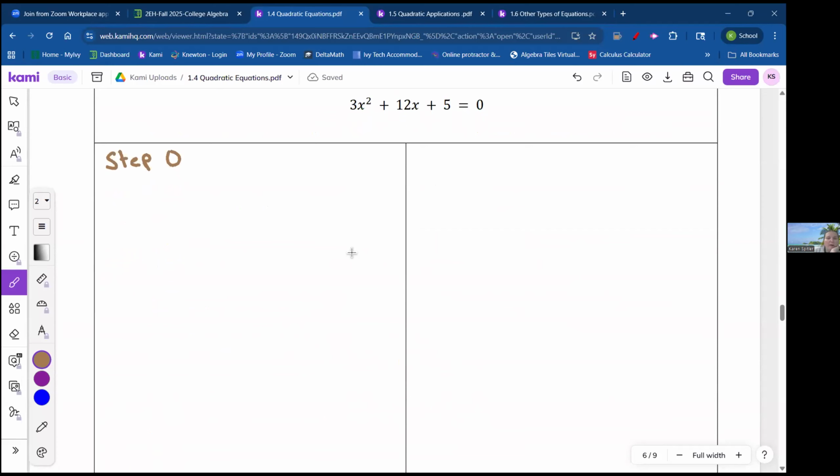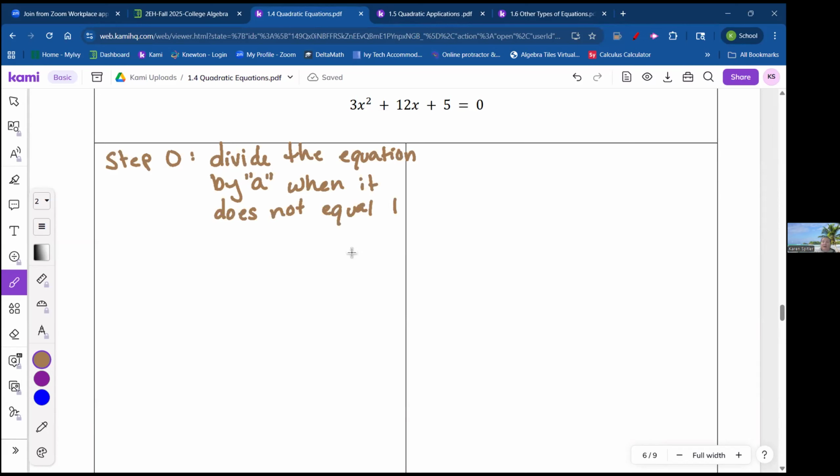Step 0, we are going to have to divide the equation by A when it does not equal 1. So this doesn't happen very often, but it does happen.